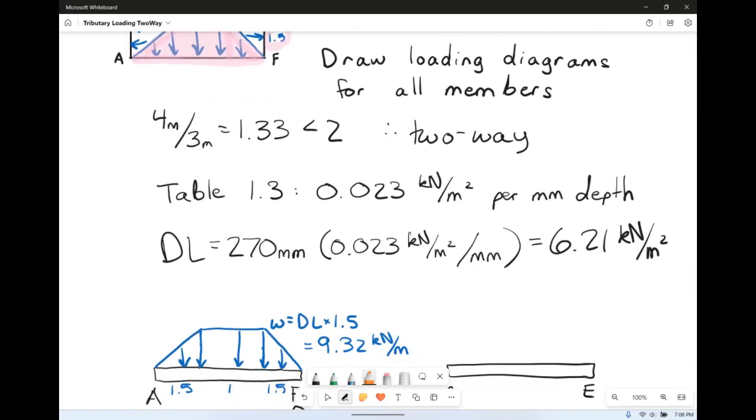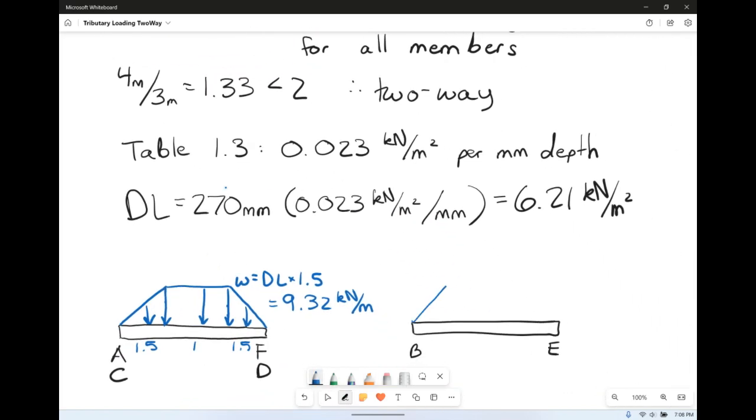It's the same trapezoid, so we're drawing the same trapezoidal shape, which is again totally not to scale, but good enough. Again, 1.5 meters, 1.5 meters, and then one in the middle. All loads going down on it.